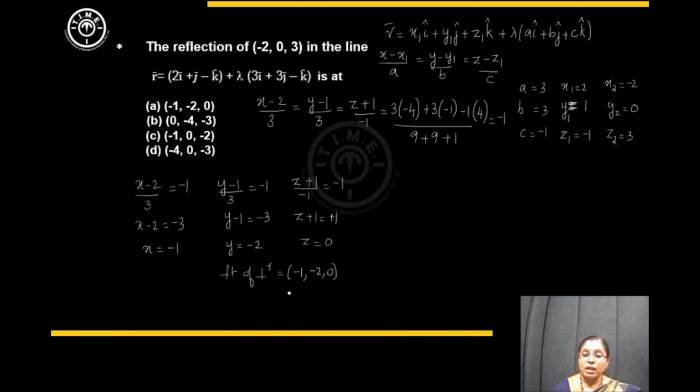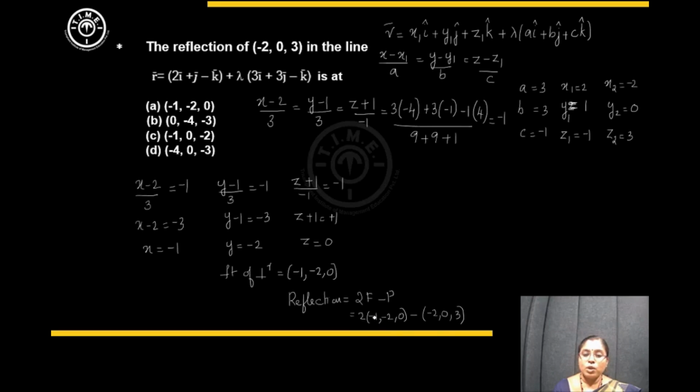Now we have to find out the reflection, or image. The reflection is given by 2 times the foot minus the given point. So 2 into (-1, -2, 0) minus the given point (-2, 0, 3).